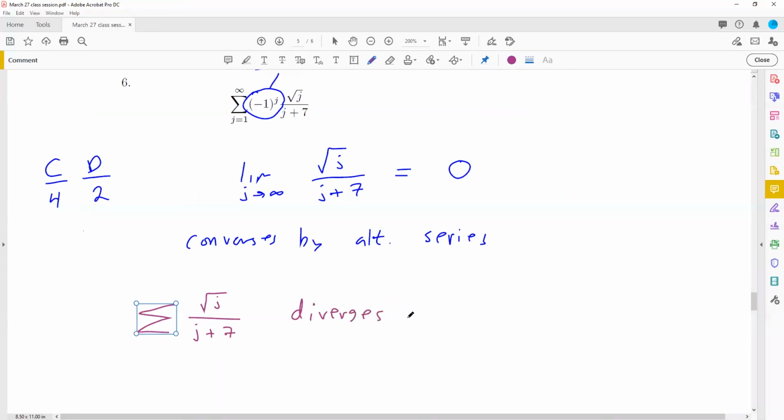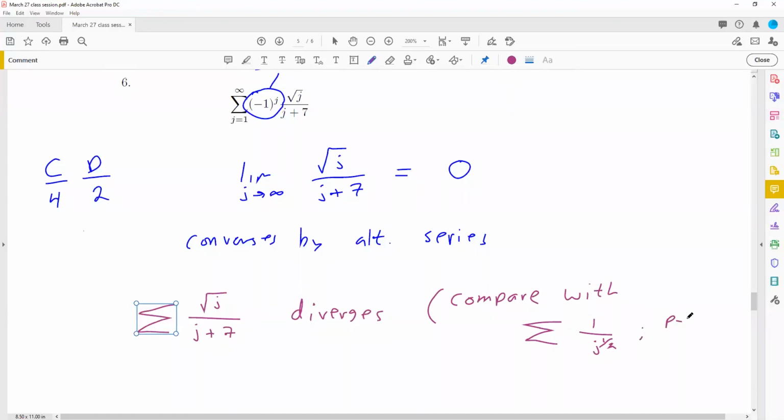And why would it diverge? If you ignore the +7, you have the square root of j over j, which is the same as 1 over j to the 1/2.